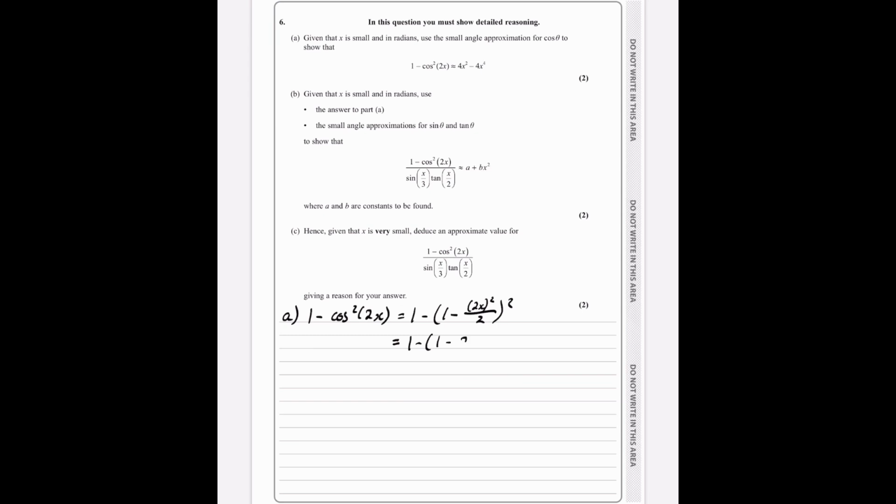So that's going to be 1 subtract, and then (1 minus 2x squared) squared. I'm just simplifying everything down inside the fraction, and then expanding that out. 1 minus 4x squared plus 4x to the 4. The ones cancel, and we get 4x squared minus 4x to the 4, which is what the question wanted.